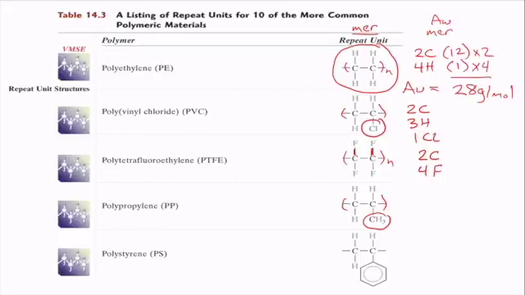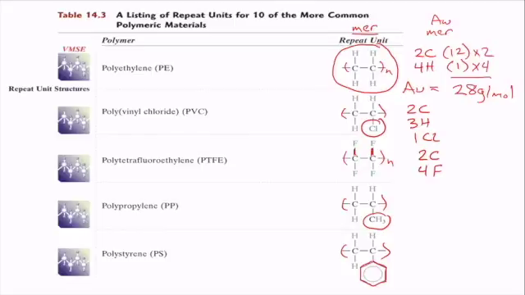Okay, and the last one we have on here is polystyrene: 2 carbons, 3 hydrogens, and then a phenyl group. The phenyl group is the hexagon aromatic ring that we talked about as one of the side groups that you would need to know about. So let's figure out the atomic weight of these two.